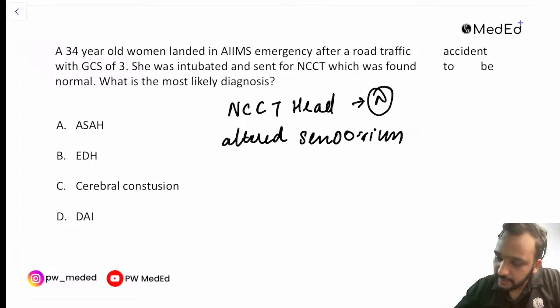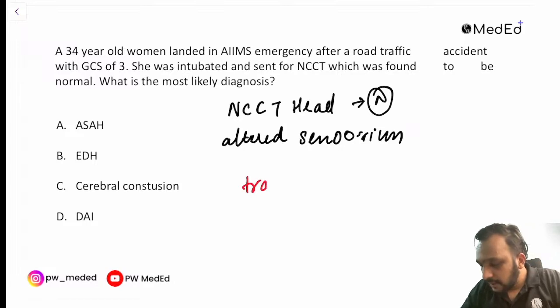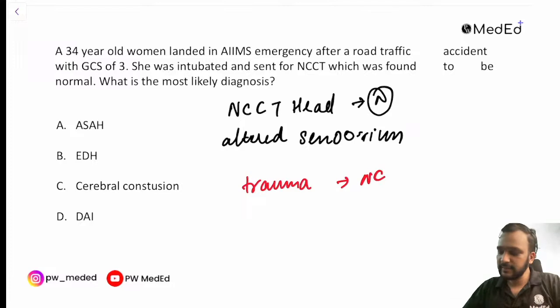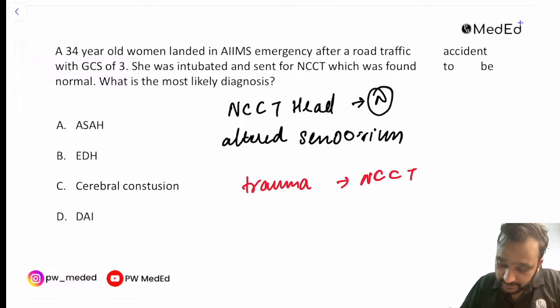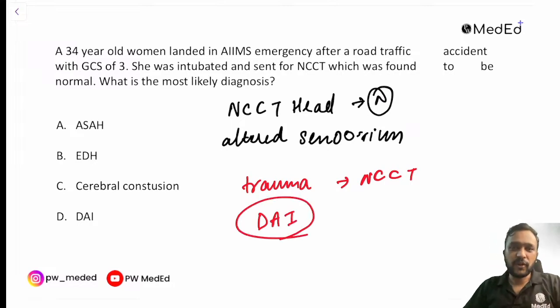In all cases of trauma, you must have read that NCCT head is the investigation of choice. But there is one condition in which NCCT head is not the investigation of choice, and that condition is diffuse axonal injury. For diffuse axonal injury, your MRI is the investigation of choice.